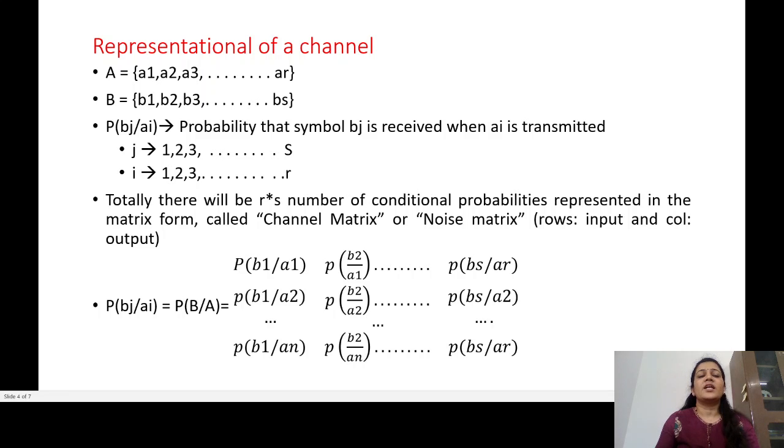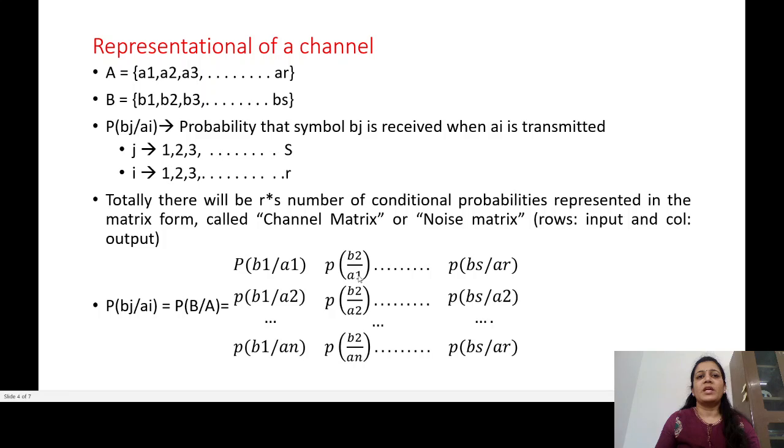Now, if I consider all the possibilities, that is, if I send A1, I can receive B1, I can receive B2, I can receive B3, I can receive up to BS. So, by considering a single value of I, that is 1, and all J values, that is 1 to S, the transition probability for this case can be represented as P of B1 by A1, that is A1 is sent, B1 is received.